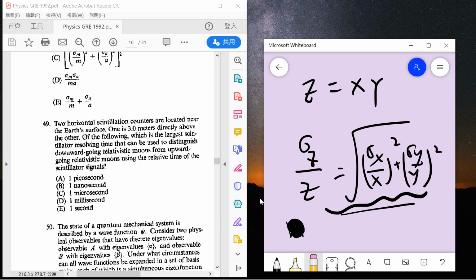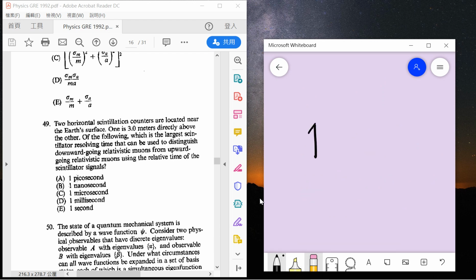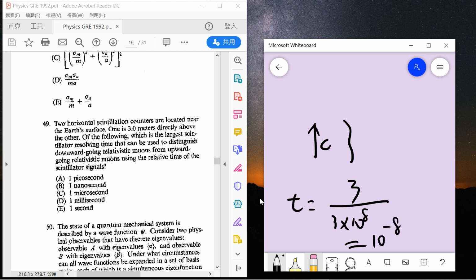So the fact is the speed of light, right? So the time is just 3 meters over the speed of light, which is basically 10 nanoseconds. So it's close to 1 nanosecond. So the answer is B.